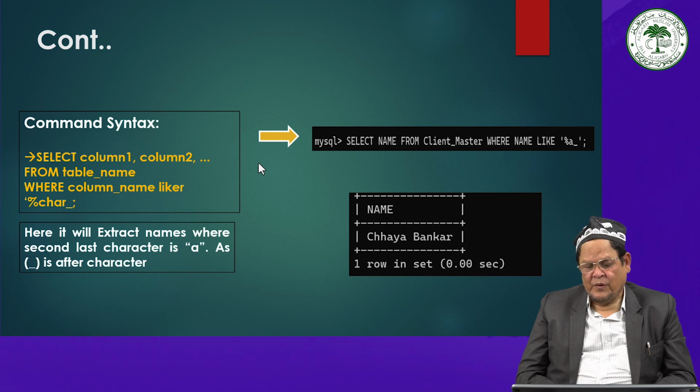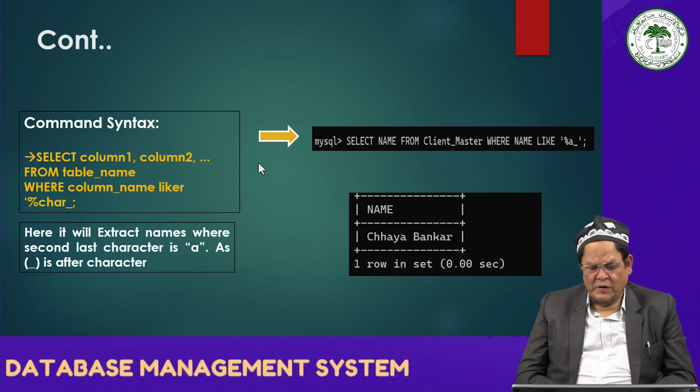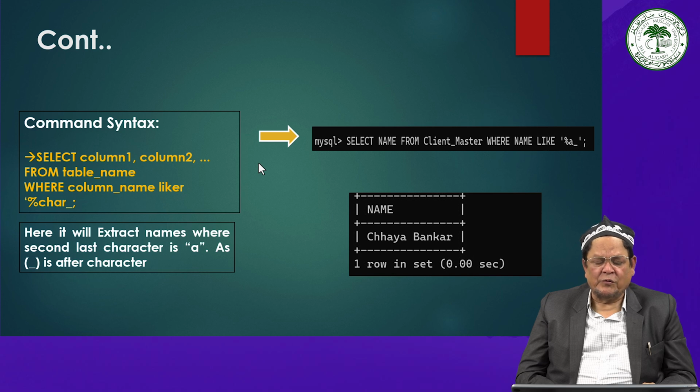In this way, only Chaya Banker will be displayed on the screen from the 6 rows available in the client master table. Depending on the requirement, we can select names from the existing table by giving different types of conditions using LIKE.